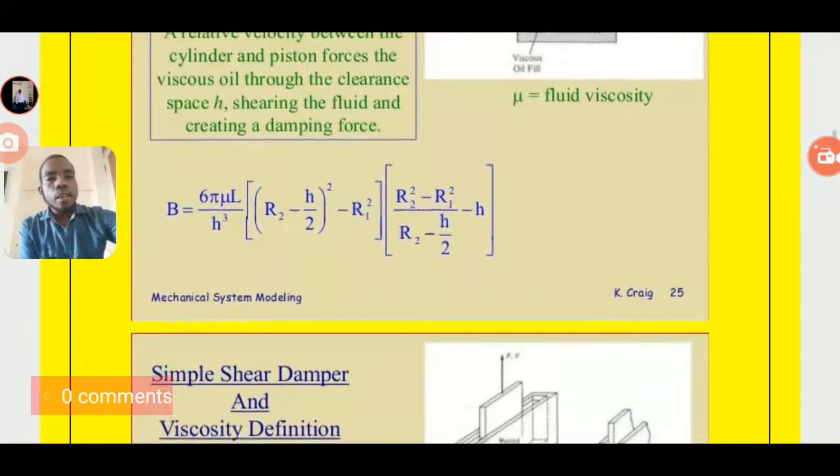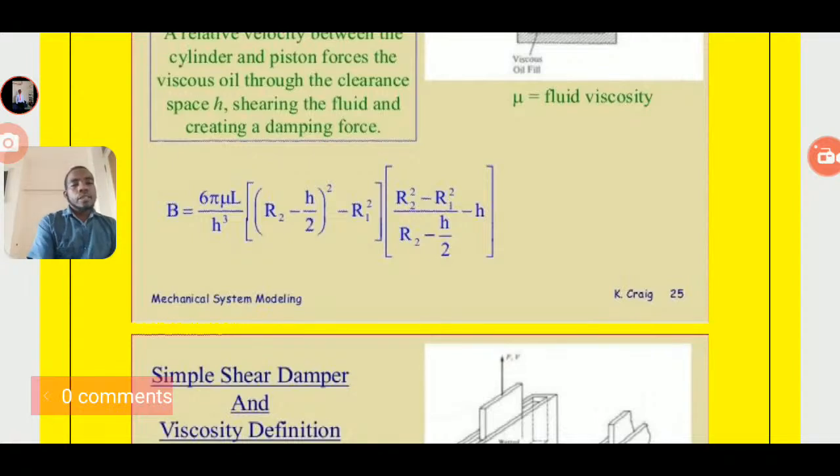Here b is nothing but the dashpot, which is a damper element, which is equal to 6 pi mu L over h cubed into the expression in R1, R2 and h.